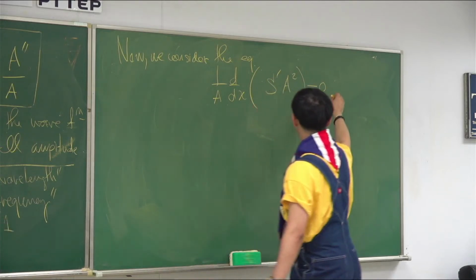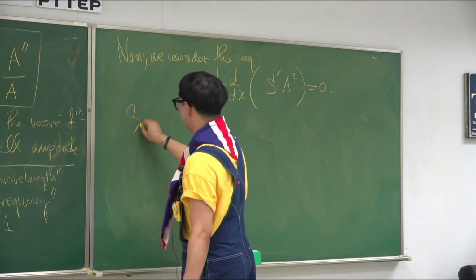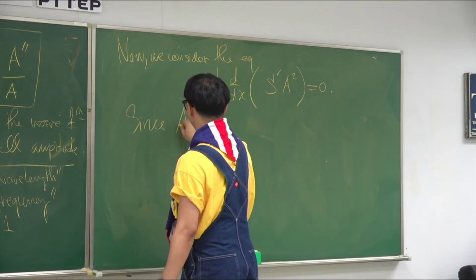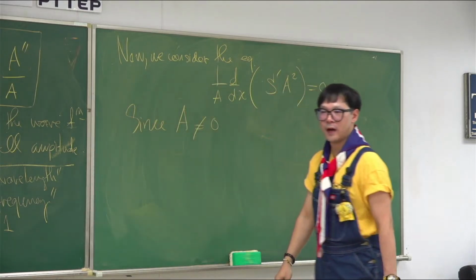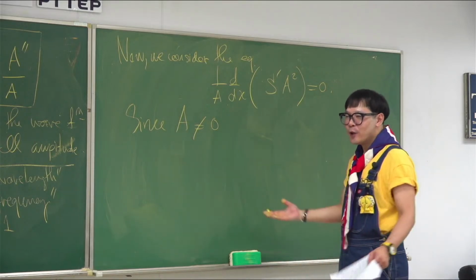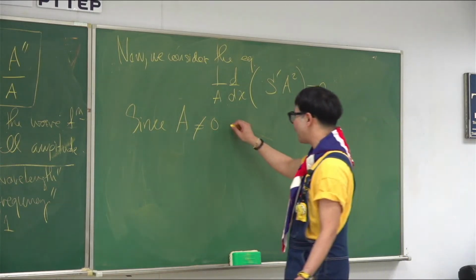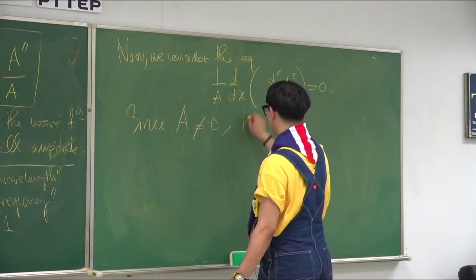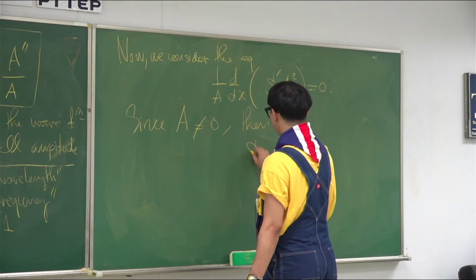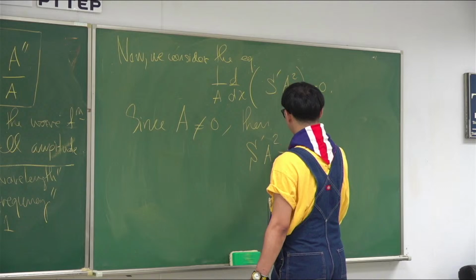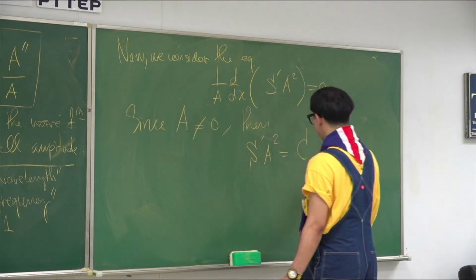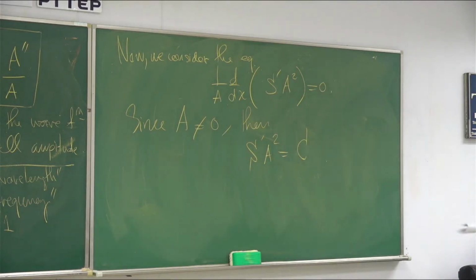Well, you can solve this since you know that it could not be zero, right? Otherwise, you don't have any wave function to work with. Then you know that this must be constant, right?